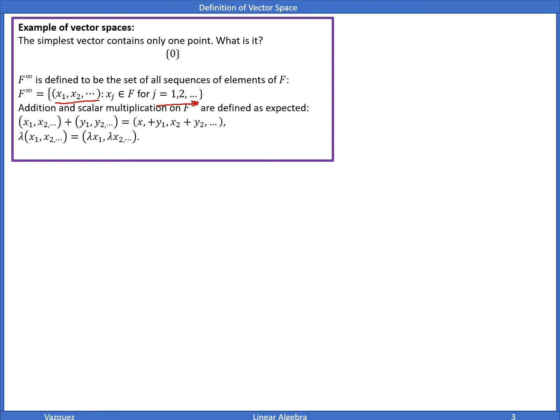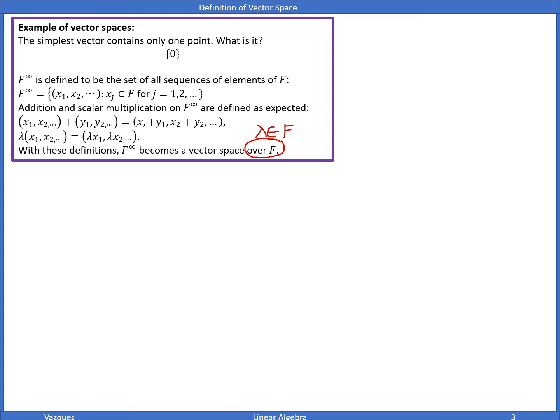Now here, if we define addition and scalar multiplication on F as expected, as we had defined before for vector addition and scalar multiplication, like this and like this, this actually forms a vector space over F, of course. I forgot to say that. Where lambda is in F.